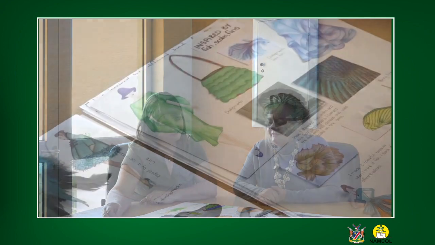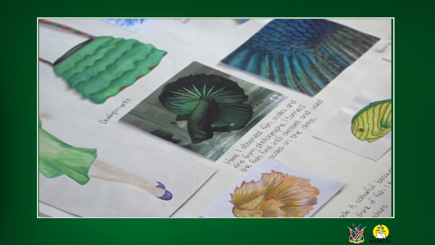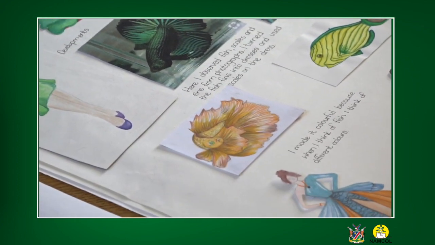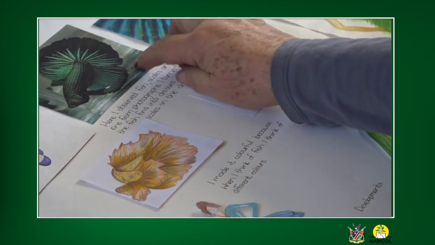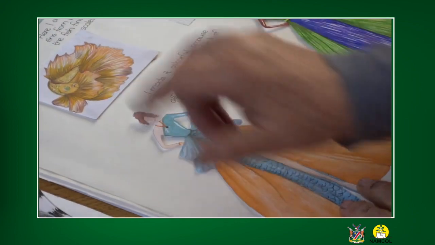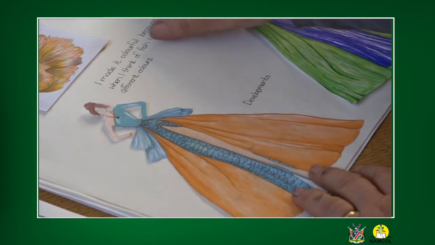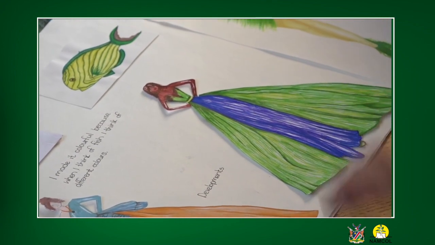Then this page is inspired by fish scales and fins. So she studied some very fancy fishes, these fishes with very big tails. I think they call them fan tails or something like that. Fan tail fish. And some tropical fish with interesting colors, and she also applied that to her designs.